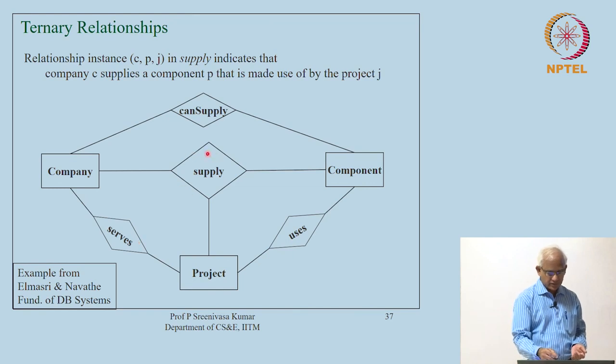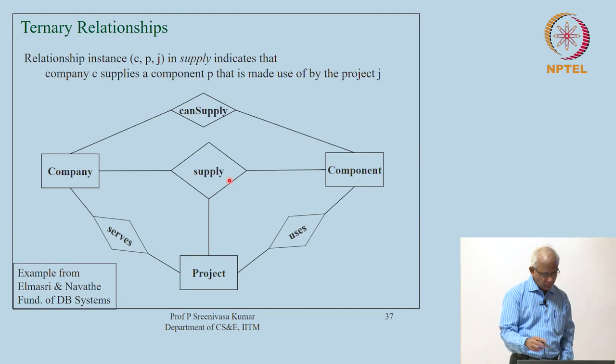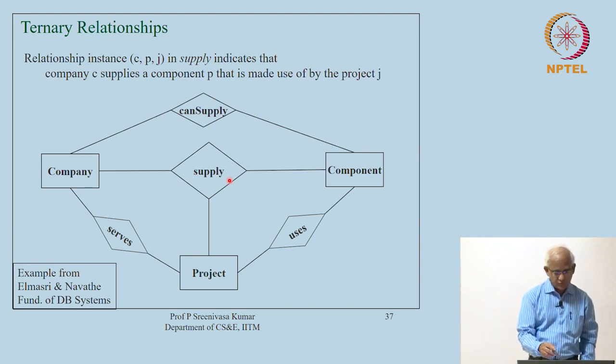Here is a supply relationship where the instance CPJ in supply indicates that the company C supplies a component P that is made use of by the project J. All three things are associated together, and that is what is captured by supply. So, if you want to capture this particular situation, we need a ternary relationship.